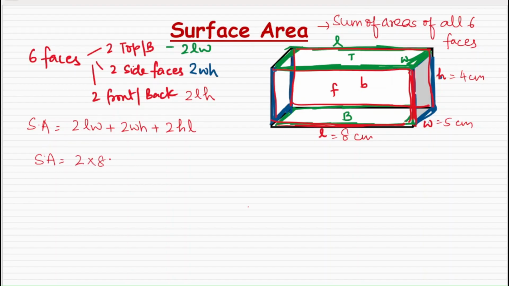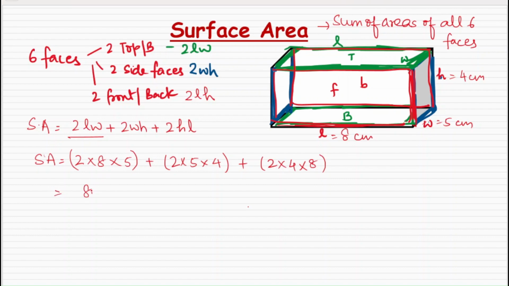So 2 times 8 times, what is the width? 5. So this is for this part, plus 2 times width times height. So width is 5 and height is 4, plus 2 times height is 4 and the length is 8. You simply have to plug in the values of width, height and length.